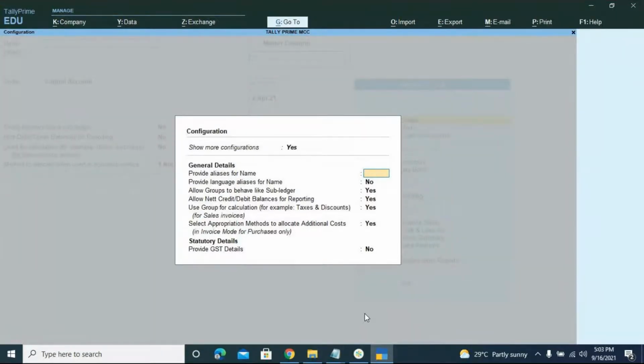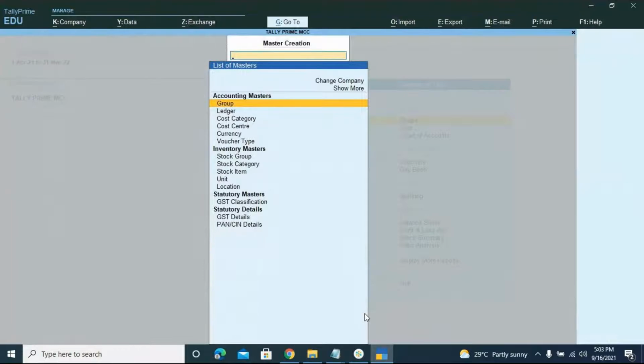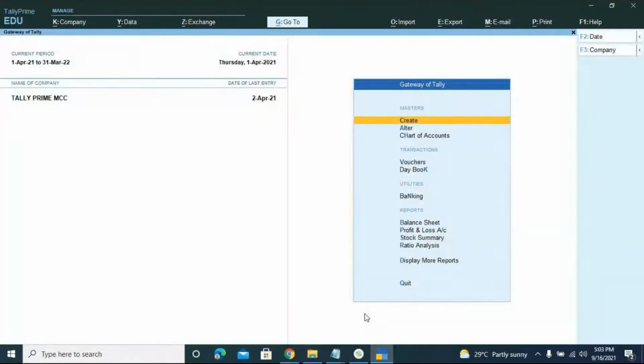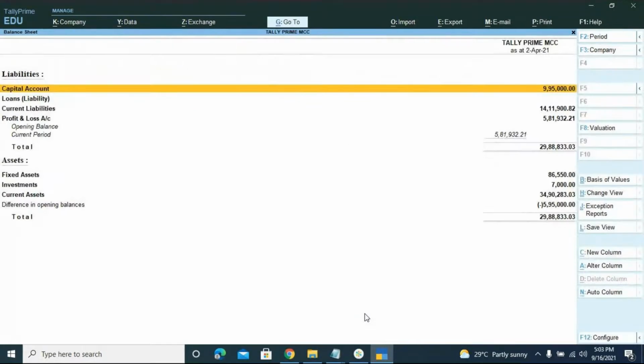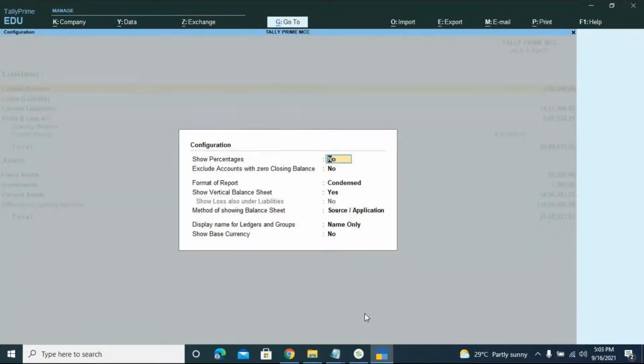Now if I go and check the reports also, let's say I go to the balance sheet here. Yes, so here I have F12 configuration. Can you see here? Now show percentage if I want, yes. Exclude accounts with zero balance, yes. I want a detailed report. Can you see, concerning that particular statement or report, we can set up the configurations. Show vertical balance sheet, no I don't.